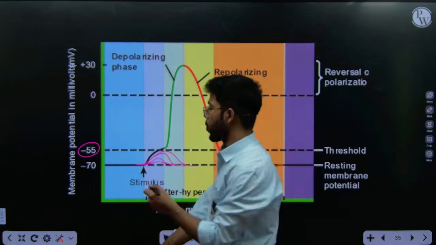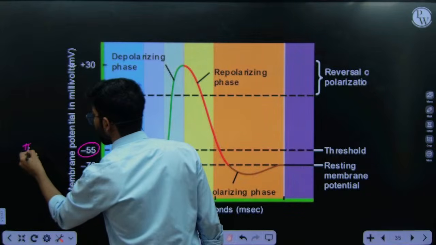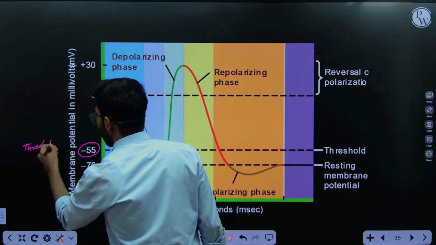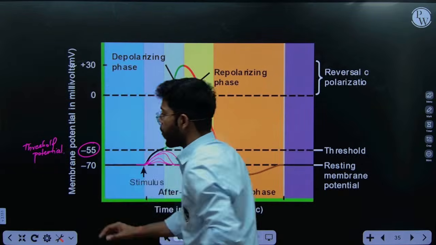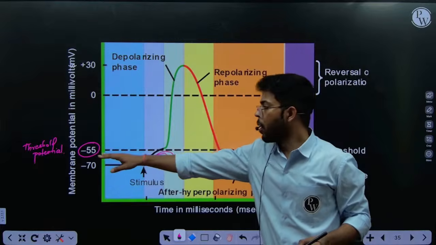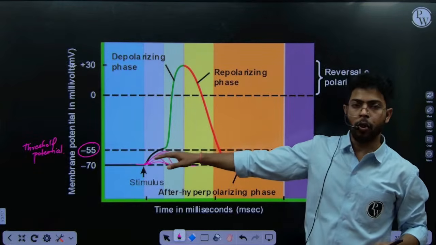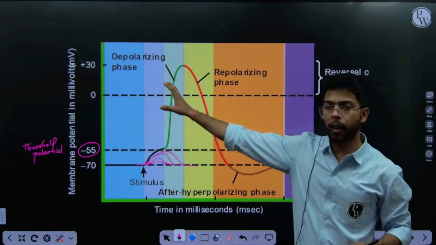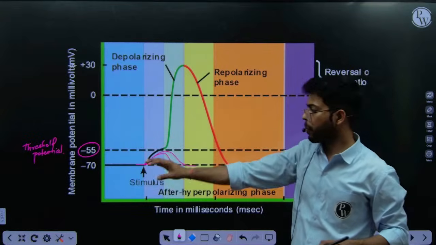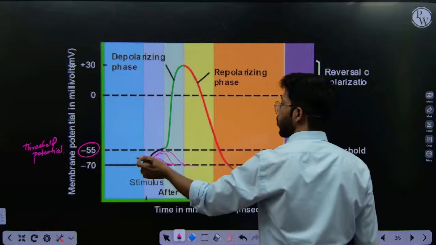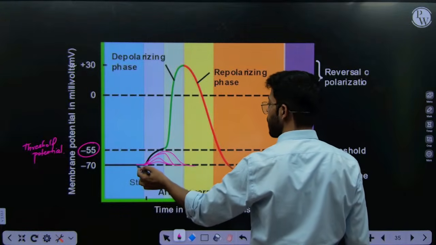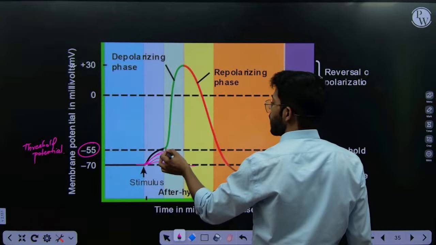This is the threshold potential. If the stimulus is not strong enough to cross this minus 55 millivolt, then it will not depolarize the membrane. And if the stimulus is strong enough to pass this minus 55 millivolt, then there is a rapid influx.